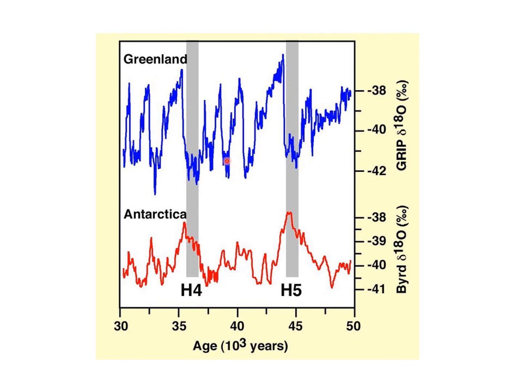These do appear to be happening at the same time as things going on in Antarctica, except it looks like it's the other way around. When Greenland is cold, Antarctica is warm; cold, warm, cold, warm. And they've got a slightly different shape: these are more rapid and these are more gradual. So that's the observations of our climate records, and we see if we can come up with some kind of hypothesis to see if this is the way it works.